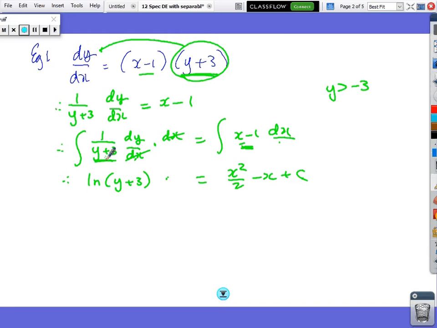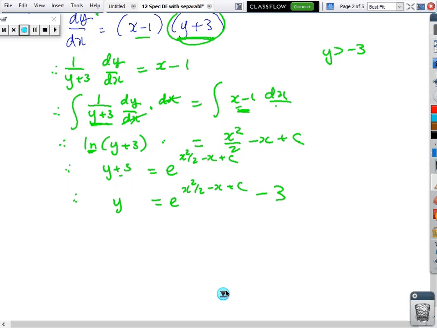So the next line would be y plus 3. To get rid of the log we take exponentials on the other side, so we get e to the x squared on 2 minus x plus a constant. Then the next line would be y equals e to the x squared on 2 minus x plus a constant, and then plus 3 becomes minus 3.